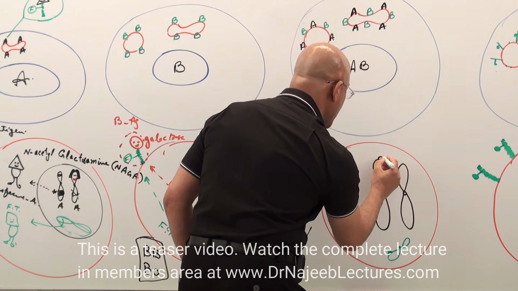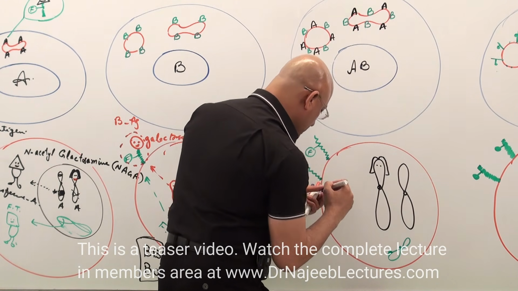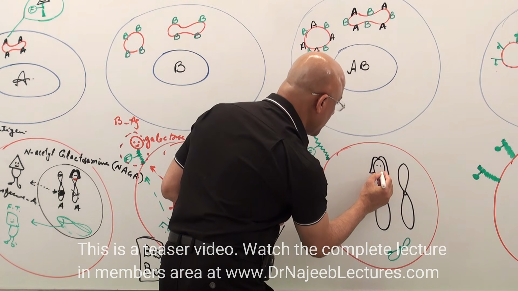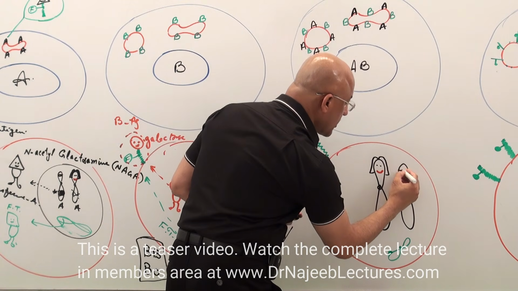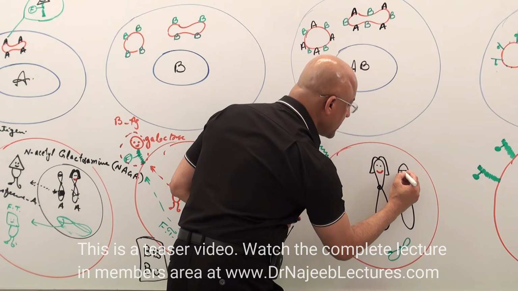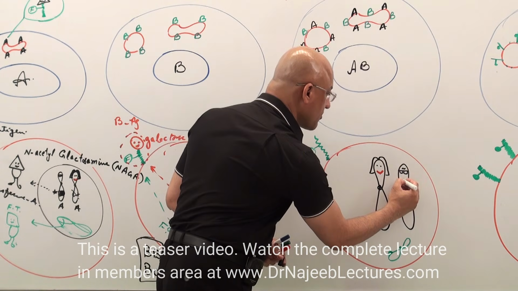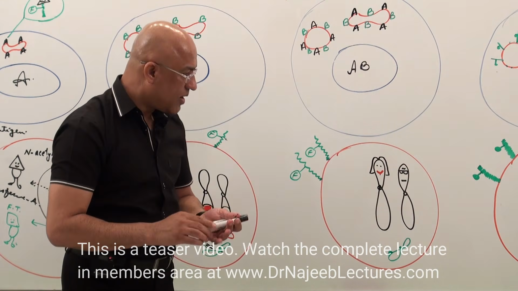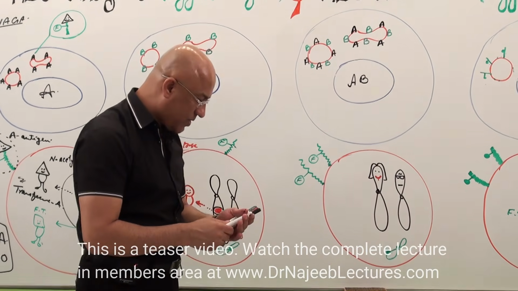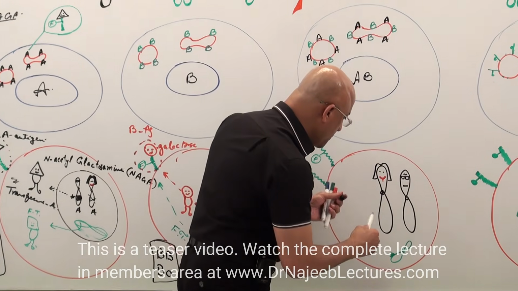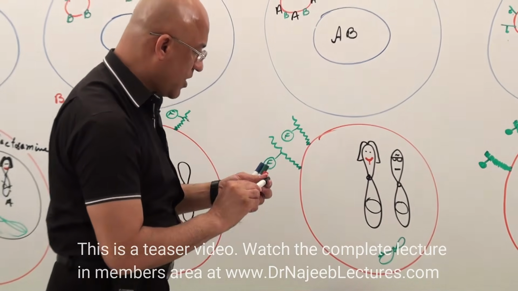After that, I have one chromosome from my mother and the other chromosome from my father. Right? This is the maternal chromosome, and here is the father's chromosome. On chromosome number 9, let's suppose this is that locus, the same locus.